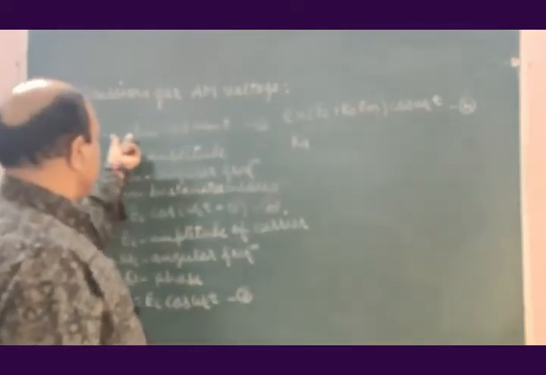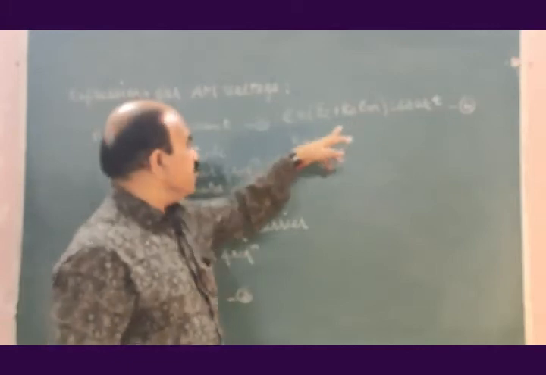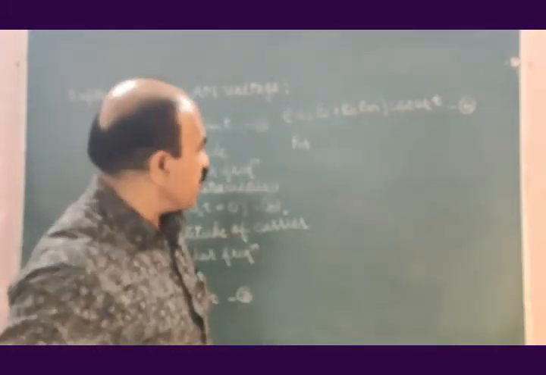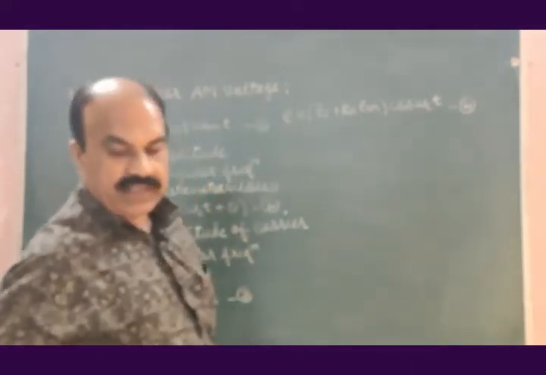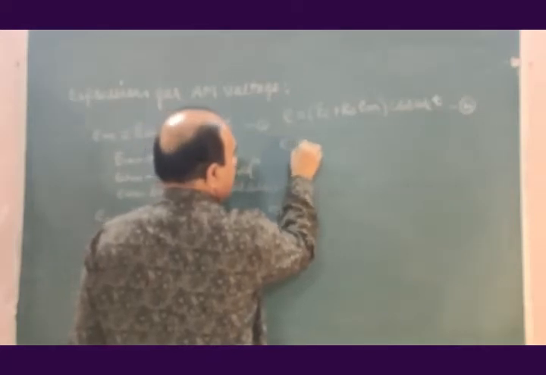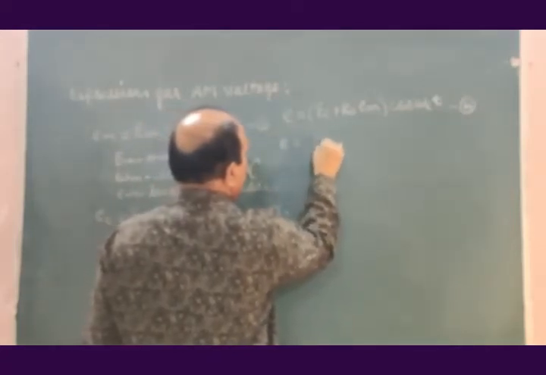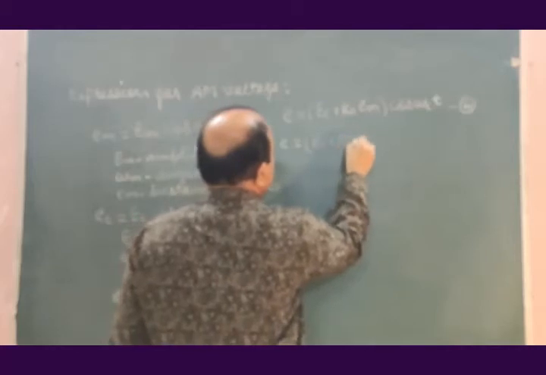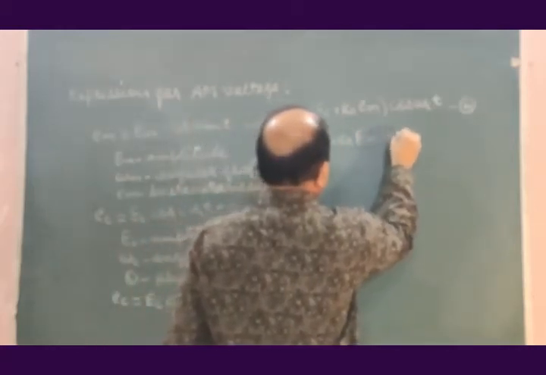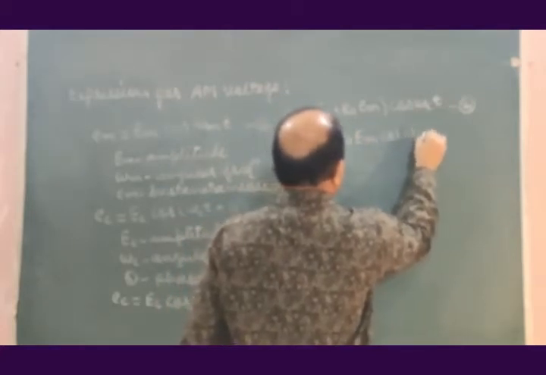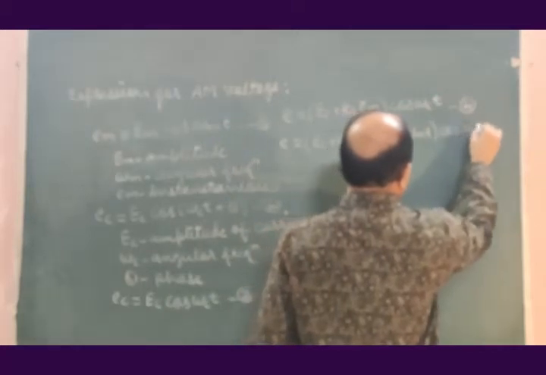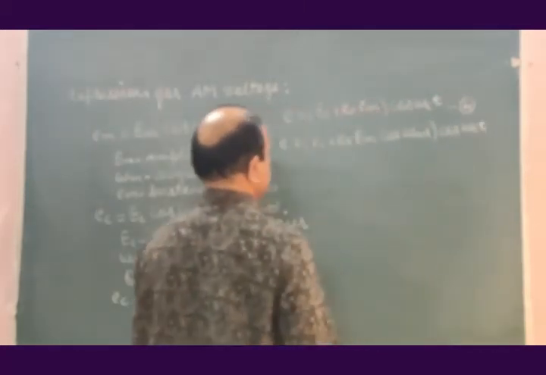Em is given by equation 1, so let us substitute RHS of equation 1 for this Em. So the expression for amplitude modulated voltage will be E is equal to EC plus Ka into Em cos omega Mt bracket complete into cos omega Ct.